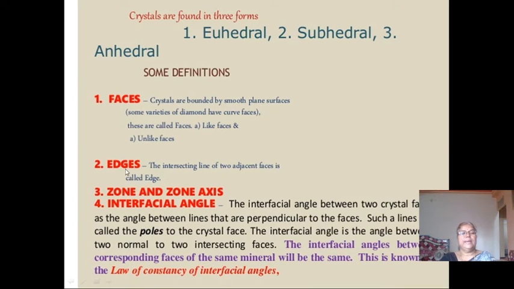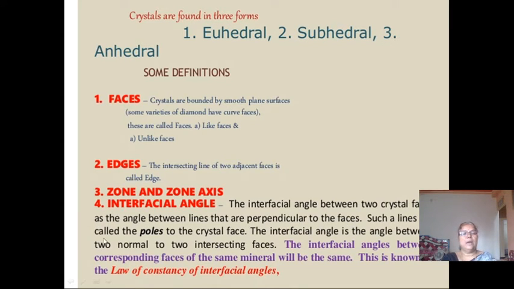Then edges. The intersecting line of two adjacent faces is called an edge. Then interfacial angle. The interfacial angle is the angle between two crystal faces, measured as the angle between lines that are perpendicular to the faces.